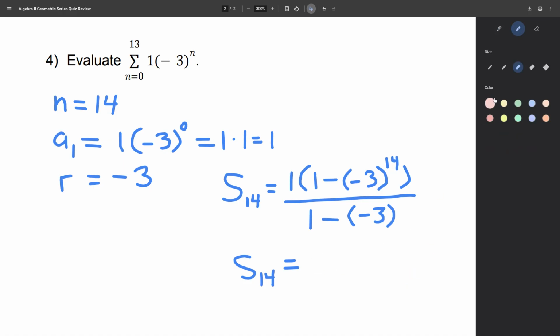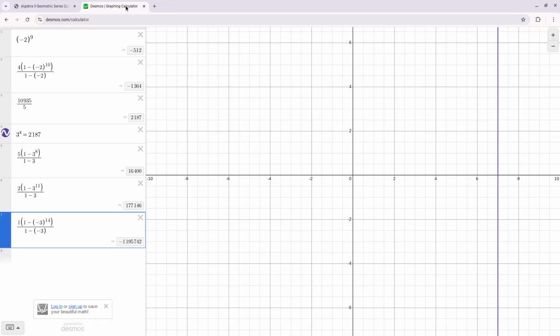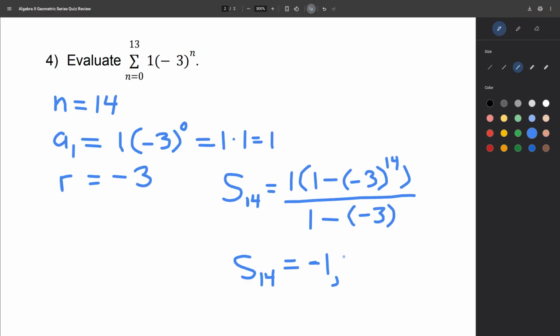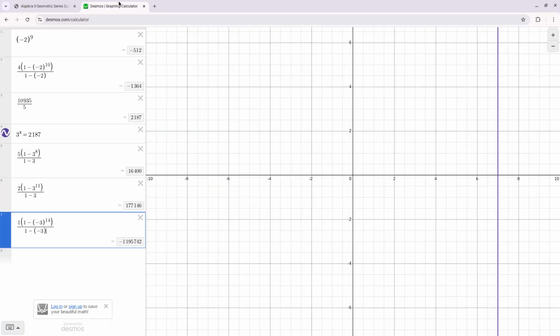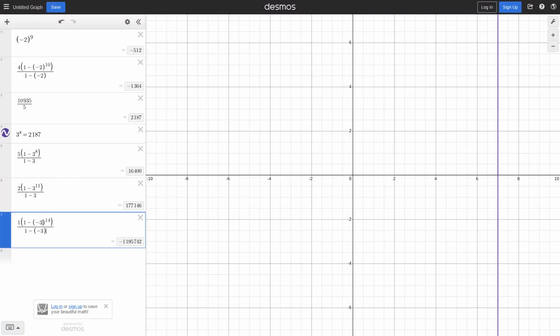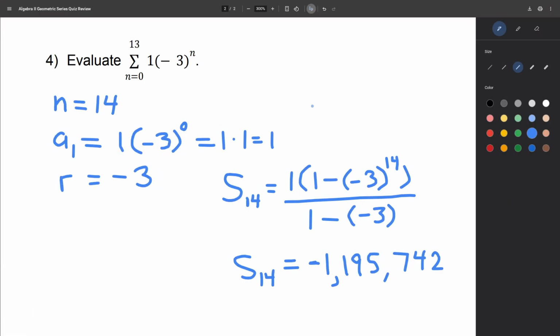Okay, so it's negative 1,195,742. Okay, so do check yourself. I was going there quick. I just put in 3 instead of negative 3, so check your work as you study this stuff.